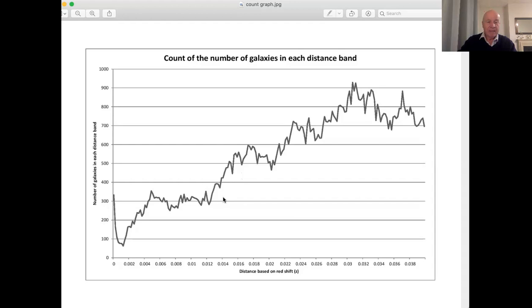I would have expected the data points to be much more random and a lot more statistical variation, so that you had points increasing, decreasing by 50%, but that's not what we find. So this graph is one of the first things that alerted me that the Big Bang theory was suspect.